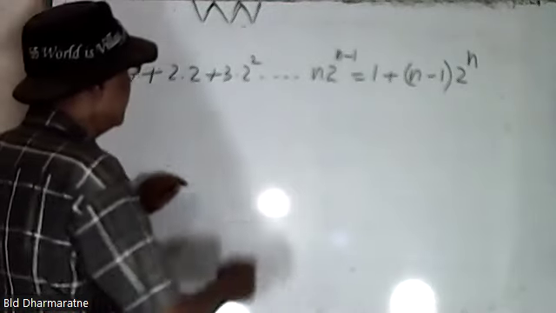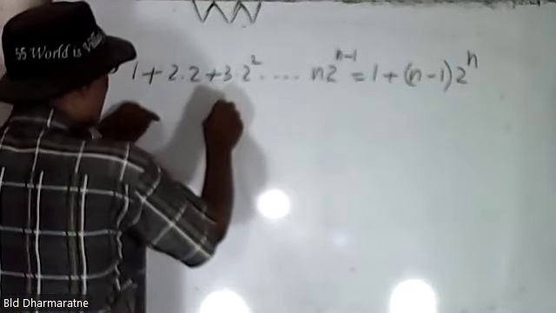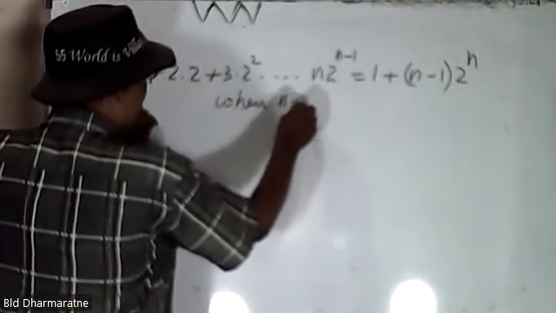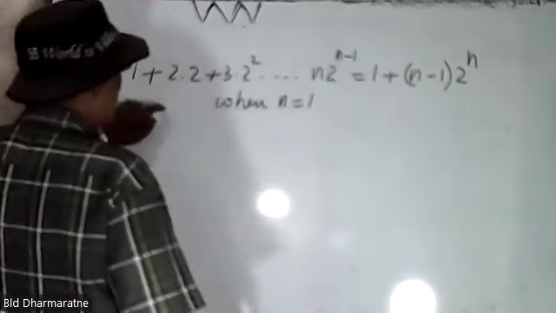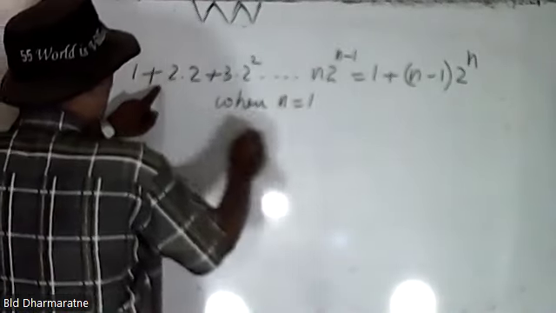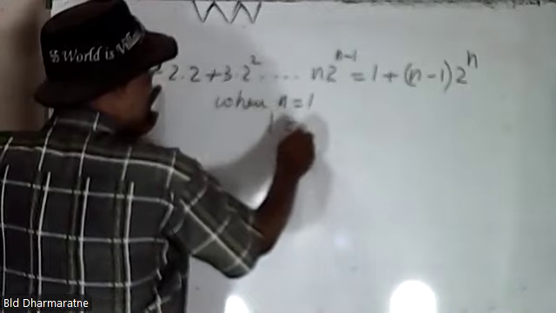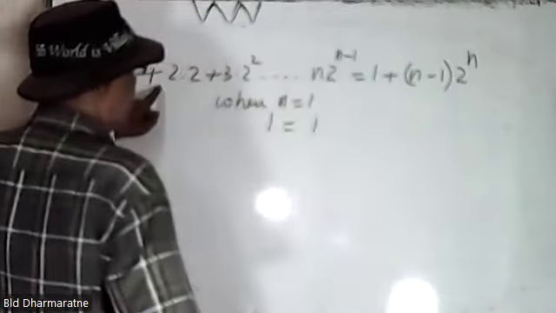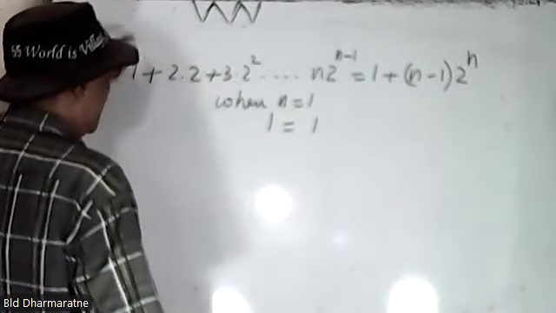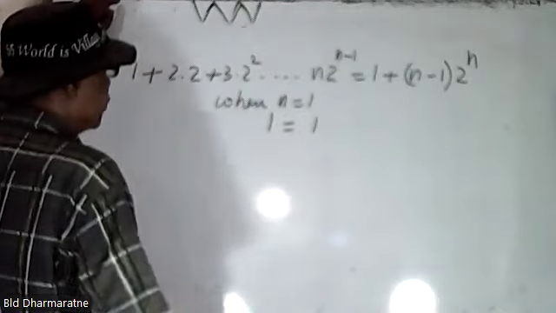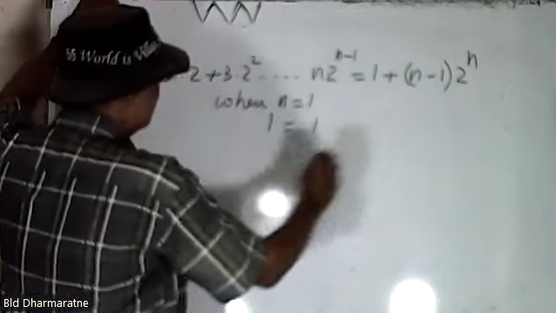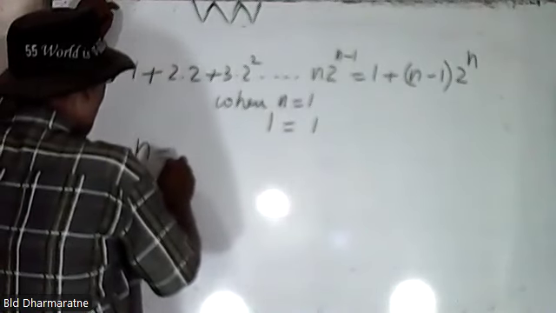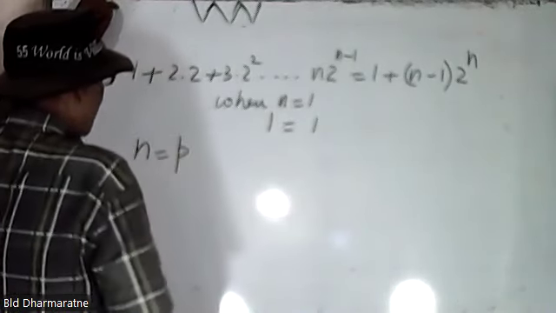First, when n equals 1: the first term is 1, here I have 1, and this is 0. When n equals 1, the result is 2. This is the statement. Now when n equals p, assume that the result is true.